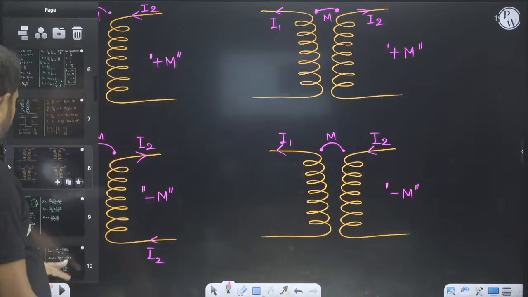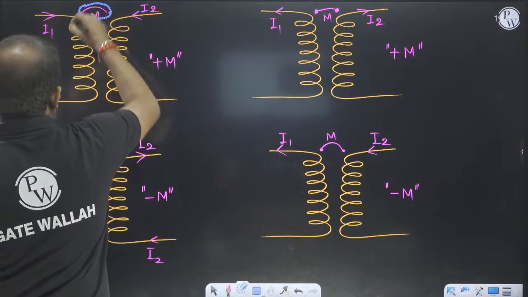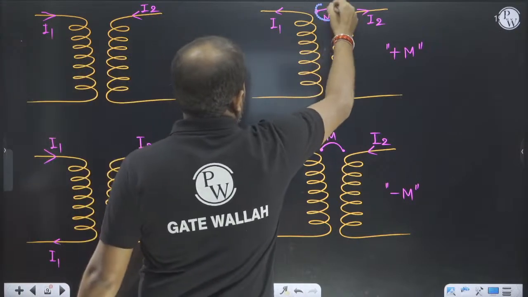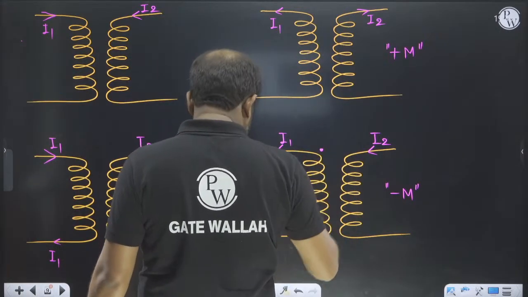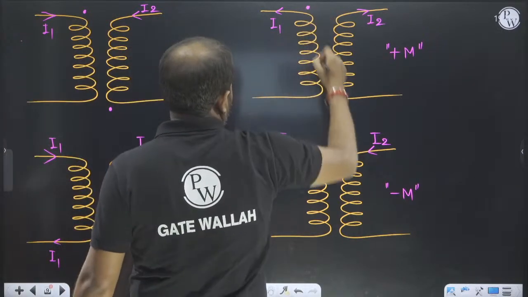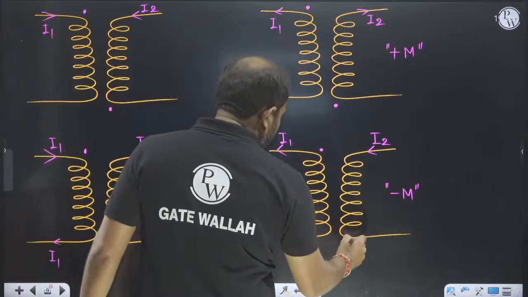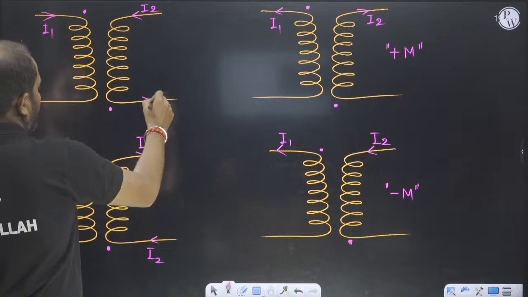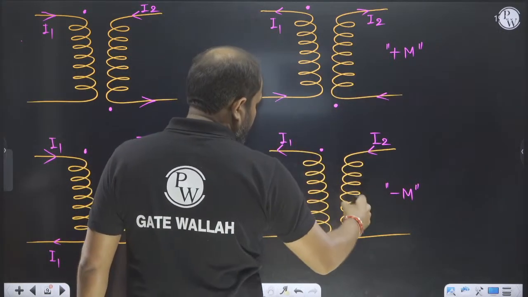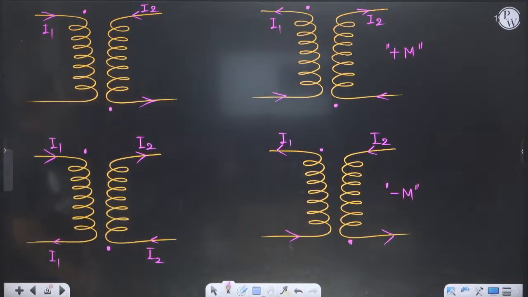Then we have one more condition. If the dot is in the opposite direction, then what will happen? So this is the current.